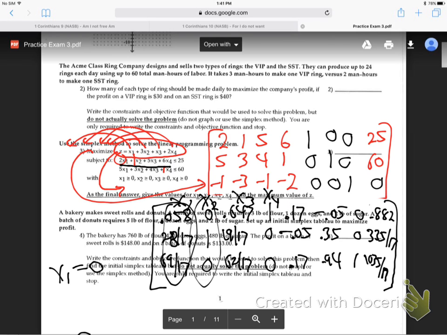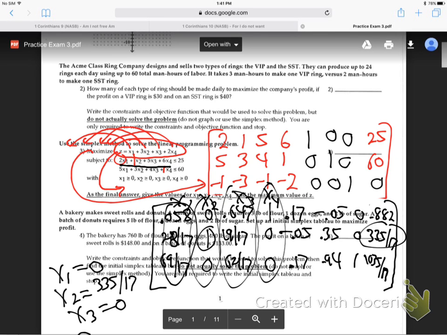So where's his answer? Wherever the 1 is, go right over. 335/17. Remember how that works? x3, he's a 0. x4, 1, right. So that .882 went on and on. That's all they want, is x.